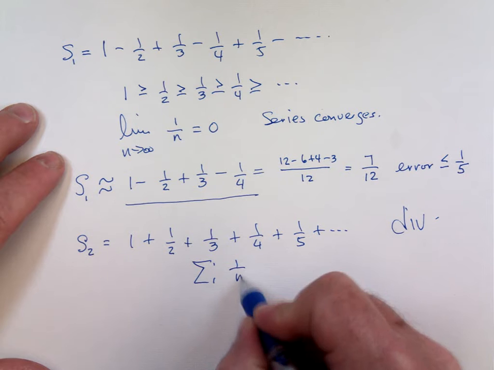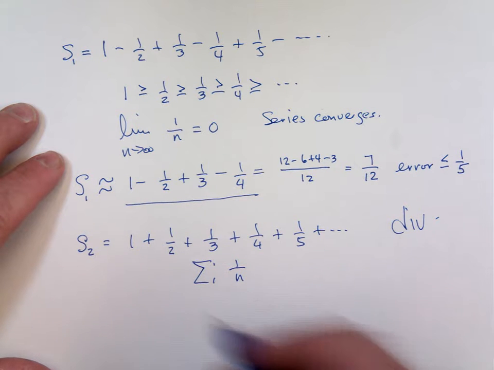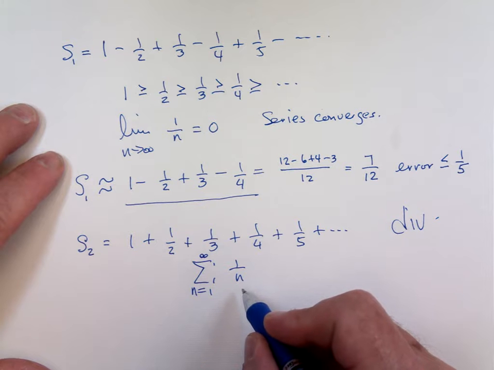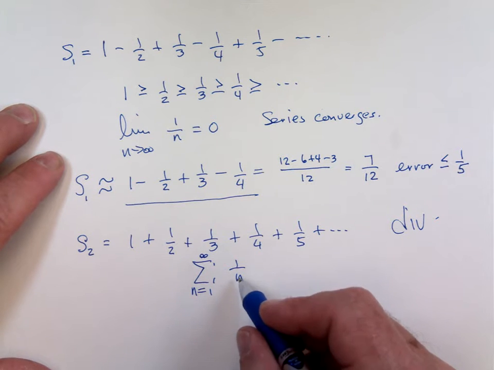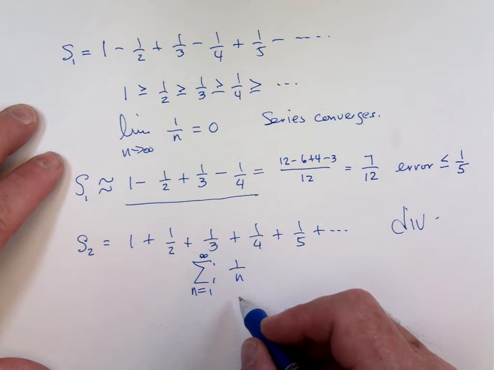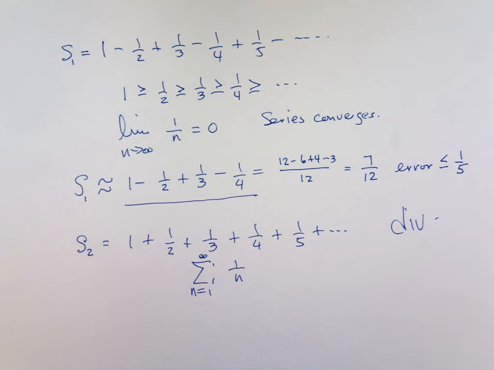This is it here. This is the harmonic series, okay? 1 over n, p equals 1. That diverges. By the integral test, the improper integral from 1 to infinity of 1 over x diverges, okay? Diverges. So here's what we have. We have an alternating series. It converges. We just did it here.